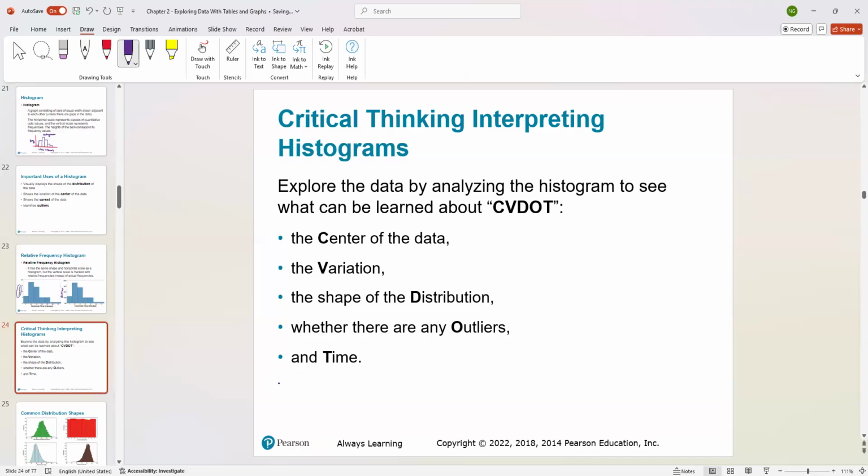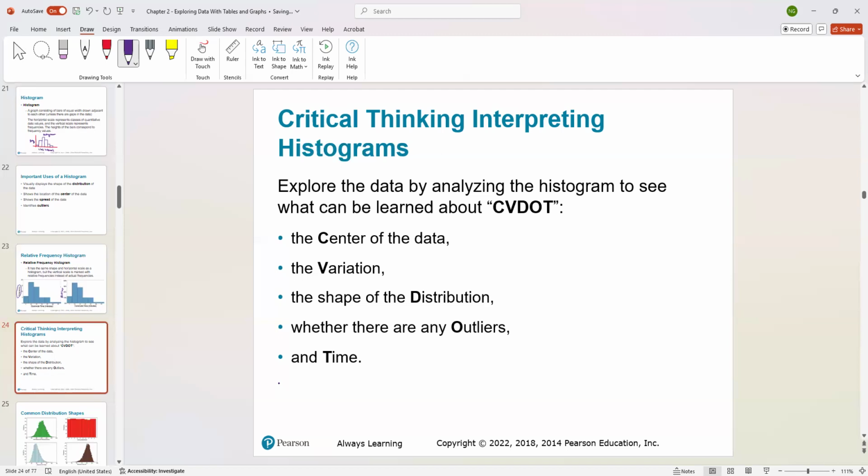C is the center of the data, the median or the mean of the data. V is for variation, which we're going to discuss in section 3.2 very soon.